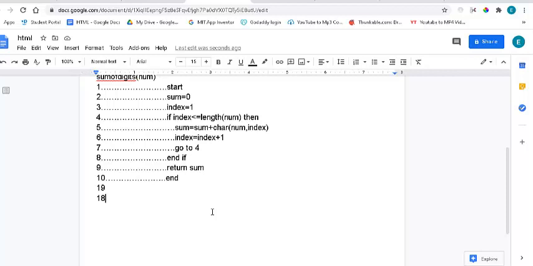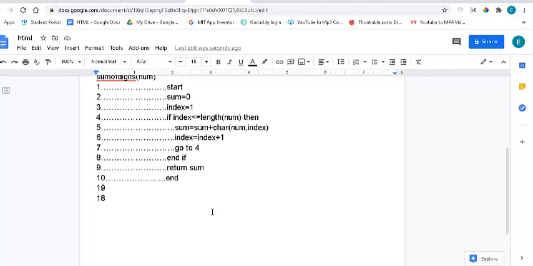So what we have to do is, when I get a number in my algorithm for prime, I just have to check to see if the number is divisible by any number between 2 and 1 less than the number.